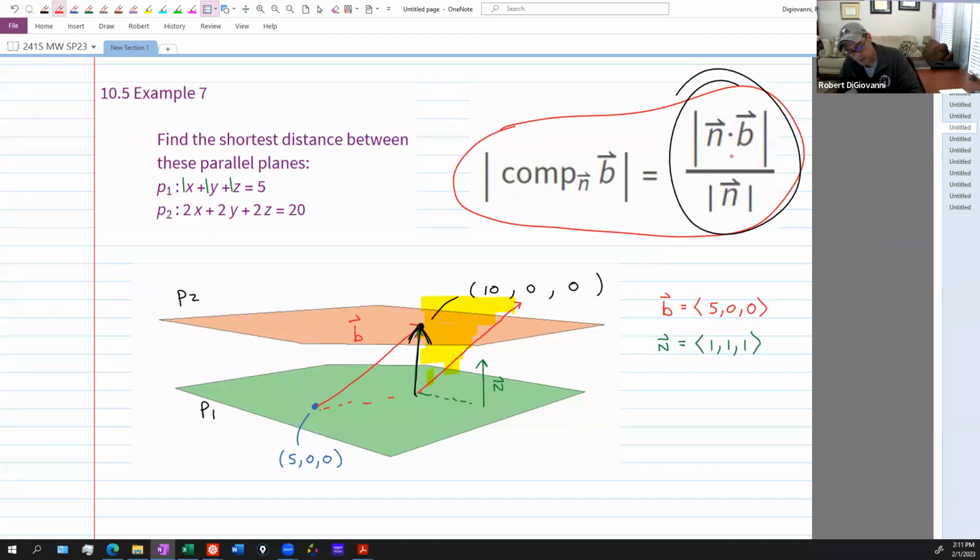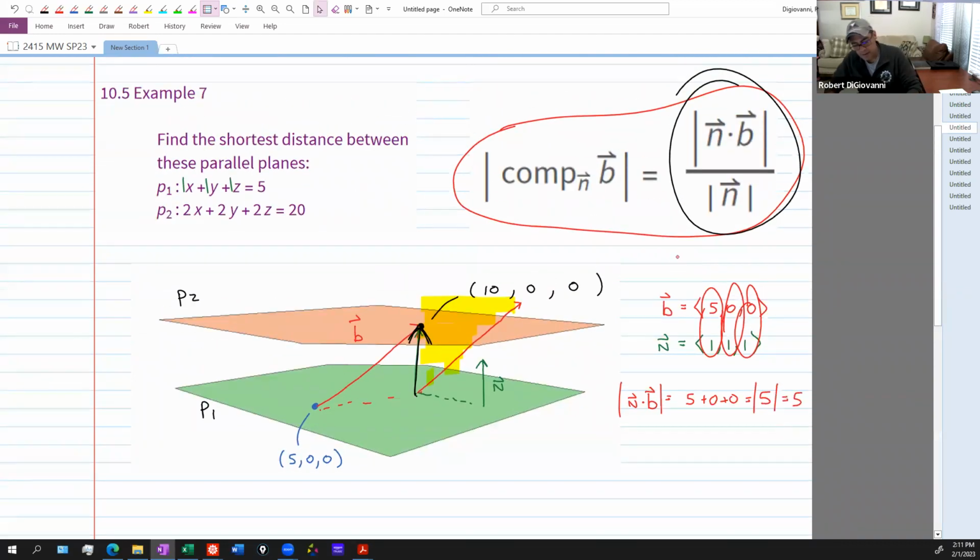So it doesn't matter which way I do it. I'm going to do n dot b. I'm going to write it n dot b like this. That will be, I'm multiplying those, that's 5. And then 0 and 0, right? Plus nothing is 5. And I'm supposed to take the absolute value of that, but the absolute value of 5 is just 5. So my numerator is 5.